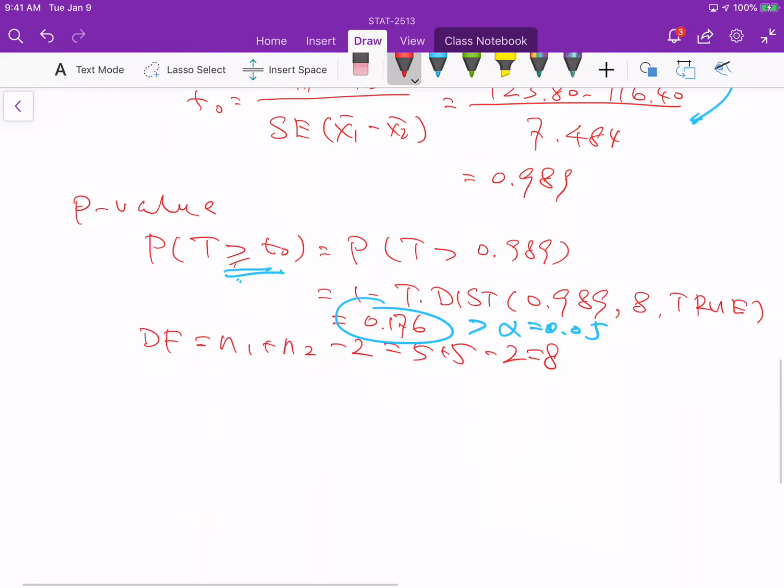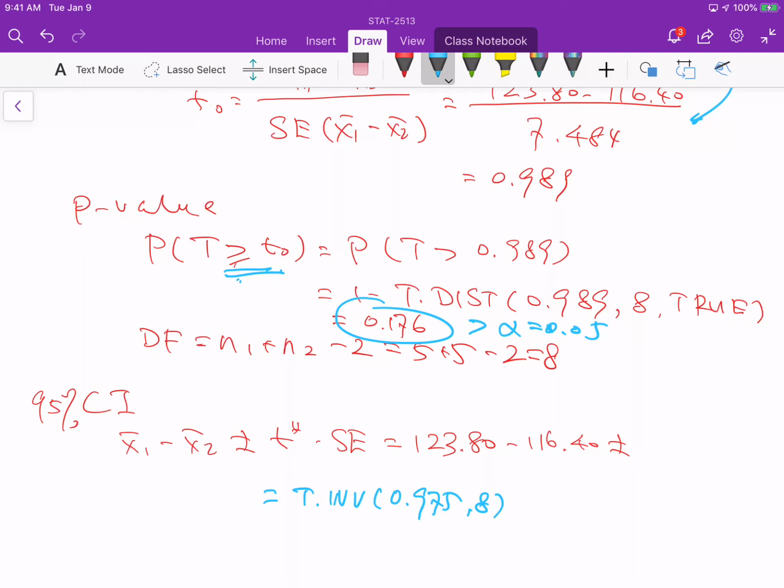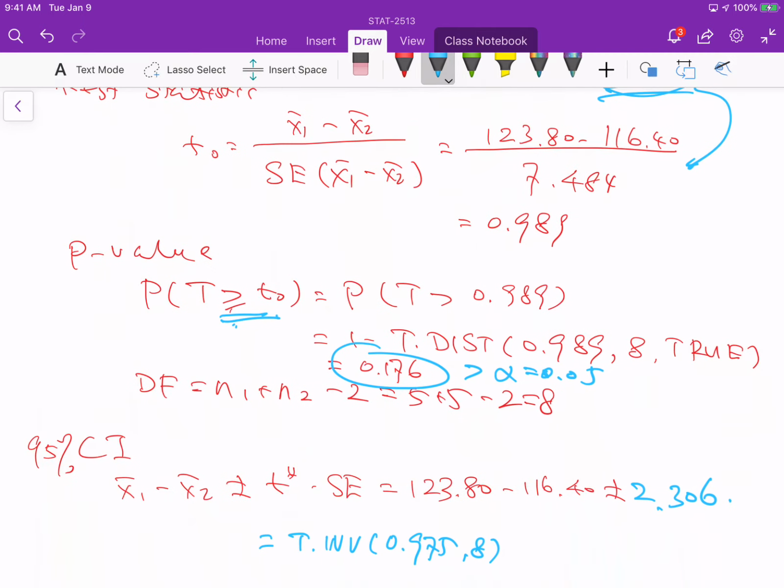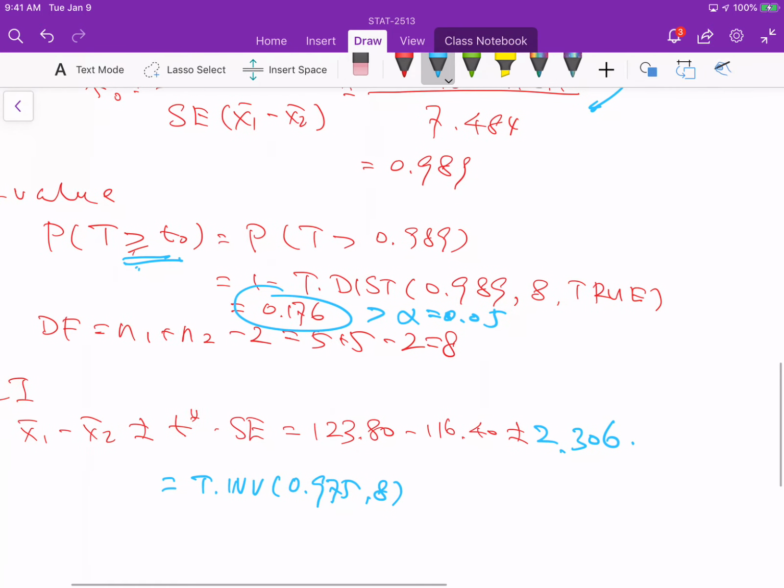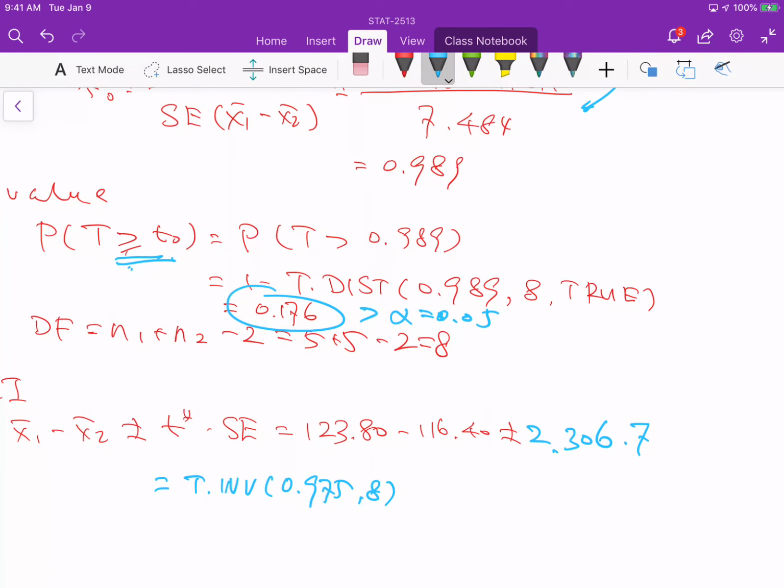We get this in Excel, and the value will be 2.306, times the standard error. The standard error we've already calculated here, so we multiply by the standard error 7.484, and then we get the confidence interval.